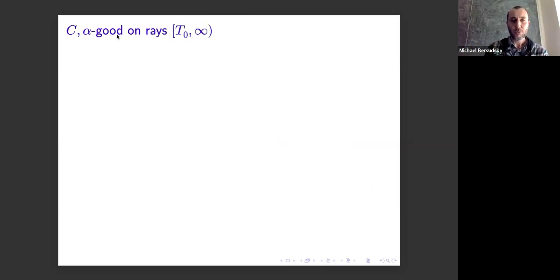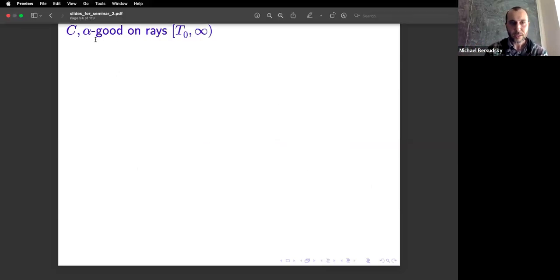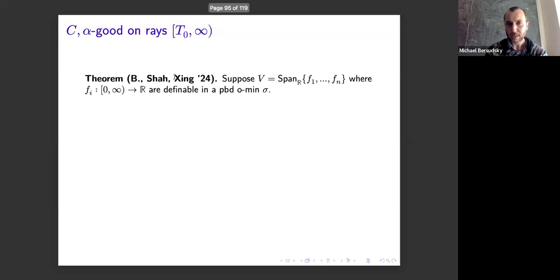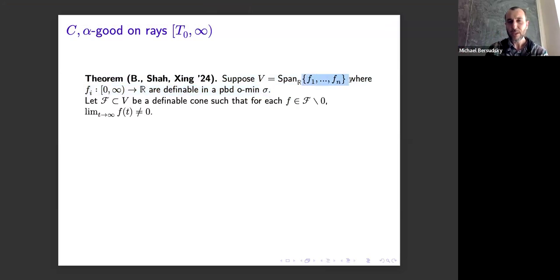Okay, so my goal now is to present C alpha good on rays. This is the thing that we needed. We take a finite dimensional vector space spanned by functions. So it's just all linear combinations of a finite family of functions. And we take those functions to be definable in a polynomially bounded o-minimal structure. Now, inside of here, you might have functions that decay to zero.